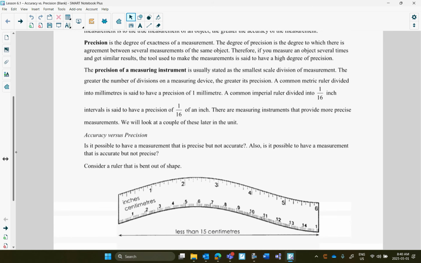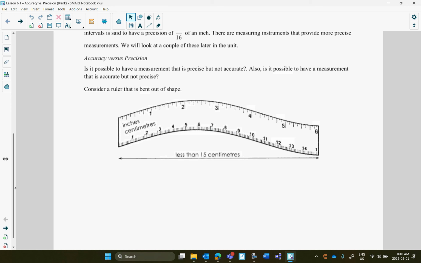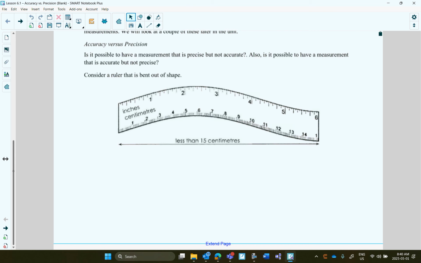So going back to accuracy versus precision, let's look at this bent ruler. If you were to measure the length of something, would you get an accurate result?